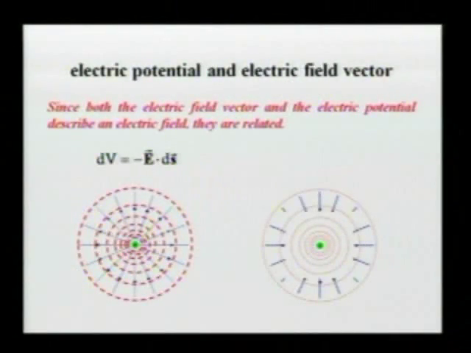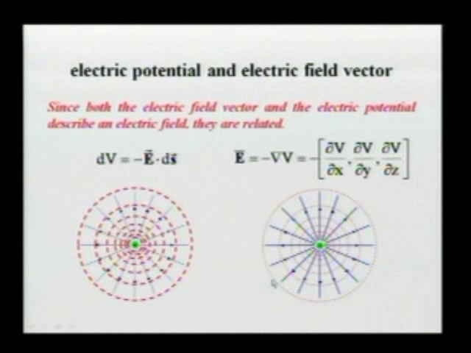When we calculate the vertical component, we will get mg, and we have to put a minus, and we will get the vertical component of weight. Well, the same way, if we want to find out electric field from electric potential, we have to calculate the derivatives of electric potential with respect to each coordinate.